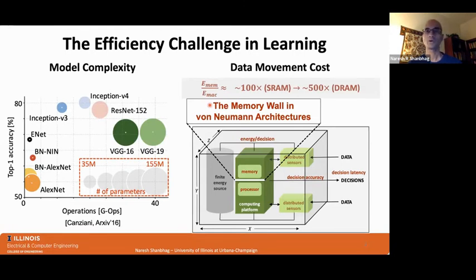This is the memory wall problem that we face. Though it has been around for ages, and there are lots of papers on building better memory hierarchies, this problem has been aggravated today with the advent of machine learning and AI, right? So the efficiency challenge is what drives us.